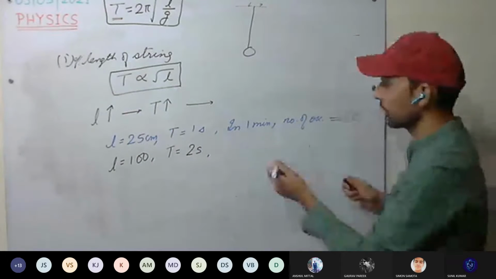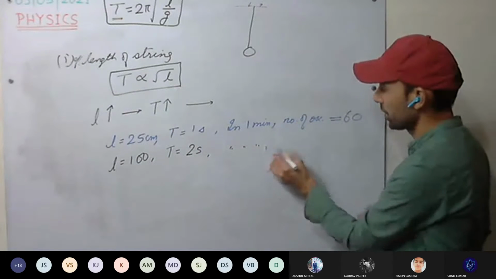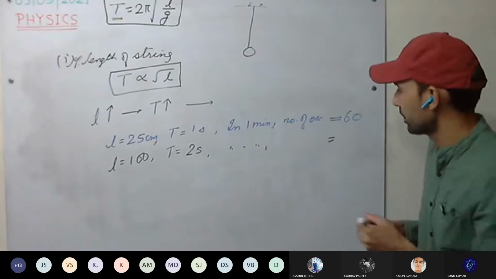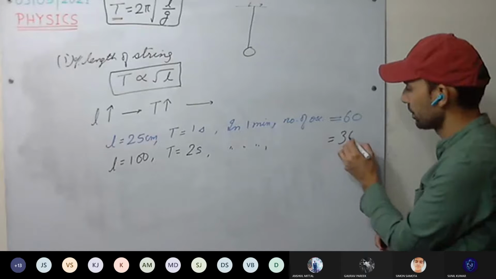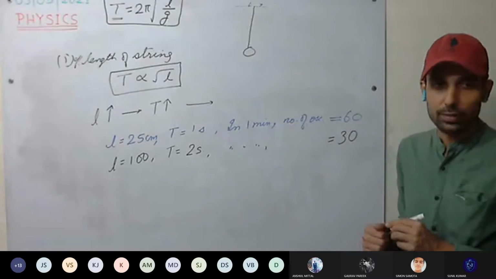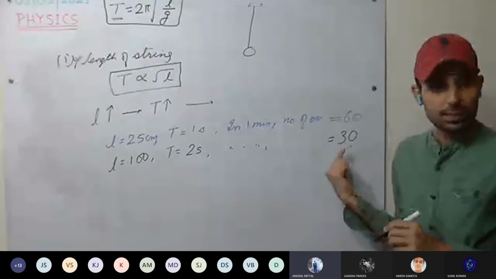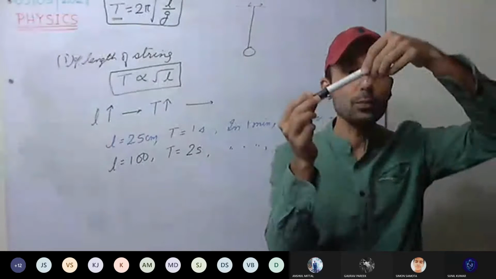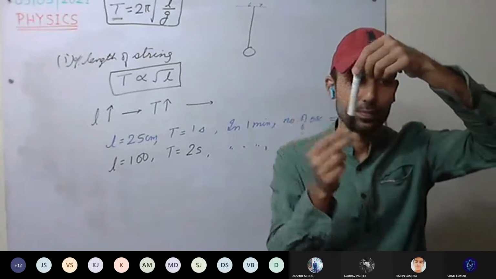So number of oscillations in 1 minute will be how much? This time how many oscillations? 30 oscillations? Yes or no? Only 30 oscillations. It means clock has become slower or faster?